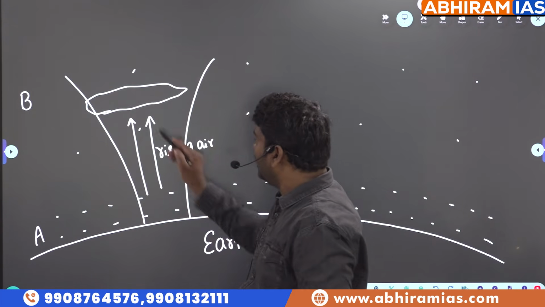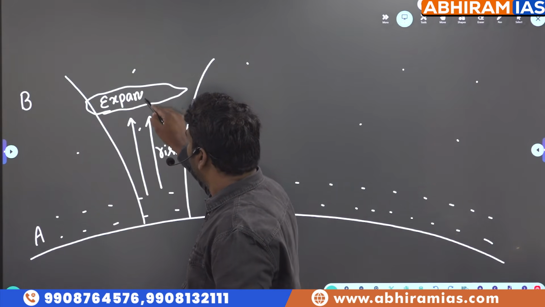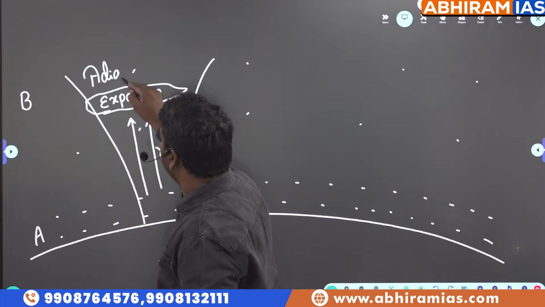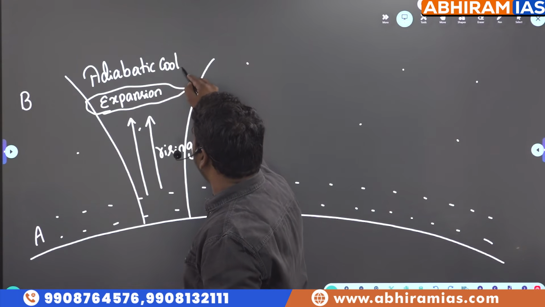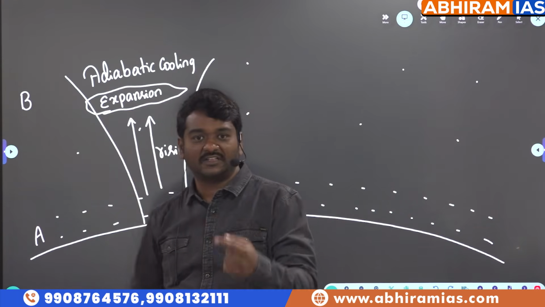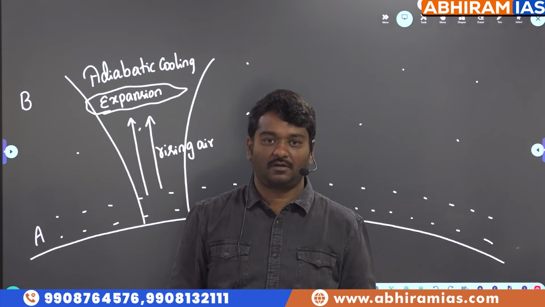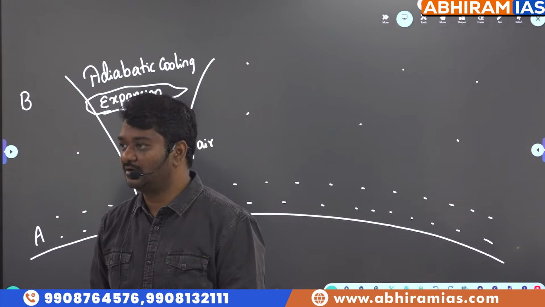Okay. Now you tell me, expansion means what is the process? Adiabatic cooling. Yes. Another aspect. Cooling means, can I say water vapor becomes water? If water vapor becomes water, clouds will be formed.